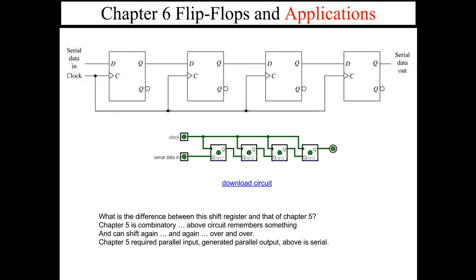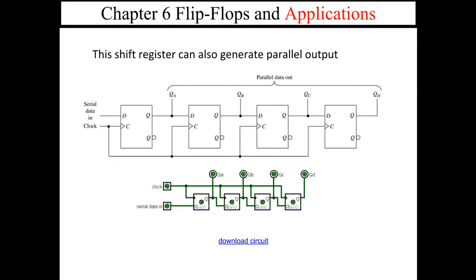So here we have a circuit that on the clock pulse everything shifts right. So what is the difference between this one and the Chapter 5 circuit? Here the inputs are coming in serially, one at a time, up here on this pin D. The Chapter 5 homework problem had parallel output and parallel input.